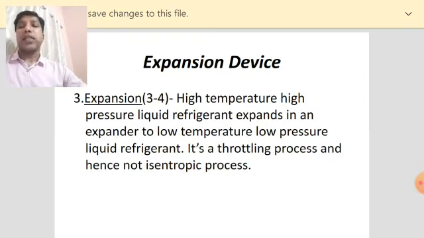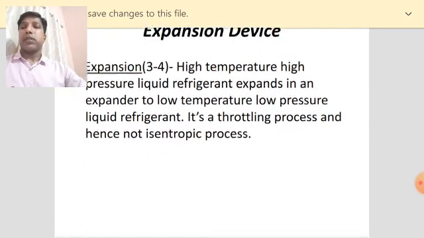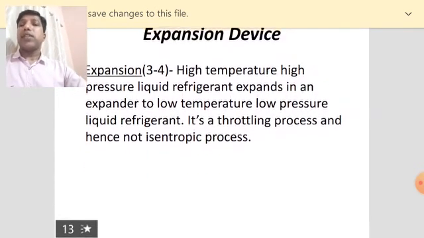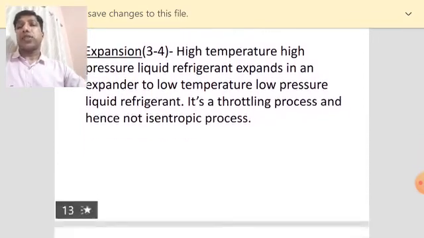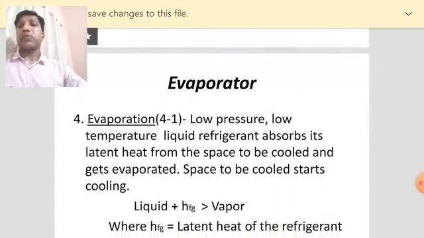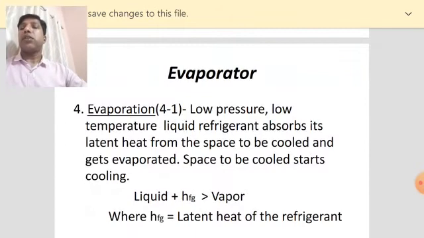Now after the expansion device, the temperature is reduced. That low temperature, low pressure liquid passes through the evaporator coil. Outside, the space to be cooled is at a temperature slightly more than the refrigerant. So heat will be sucked from that space into the refrigerant.